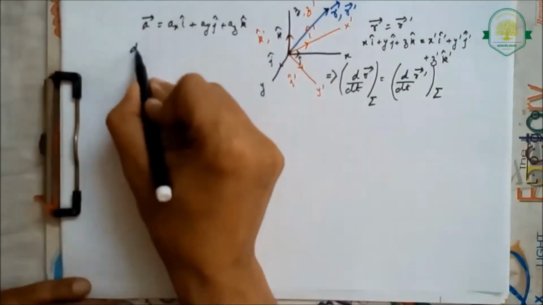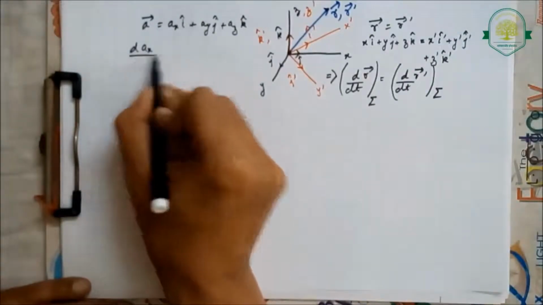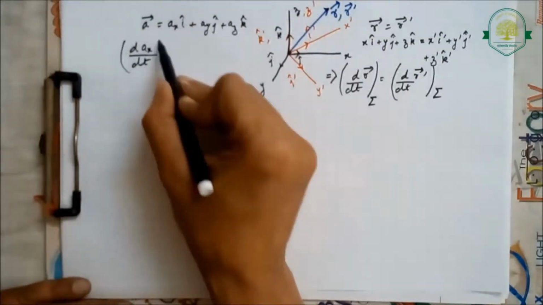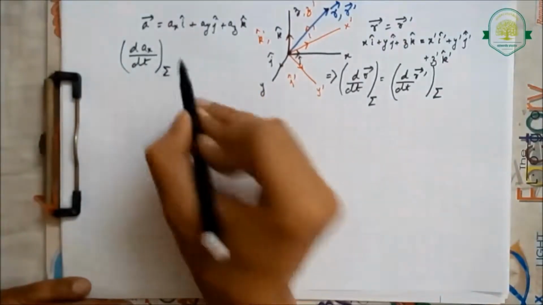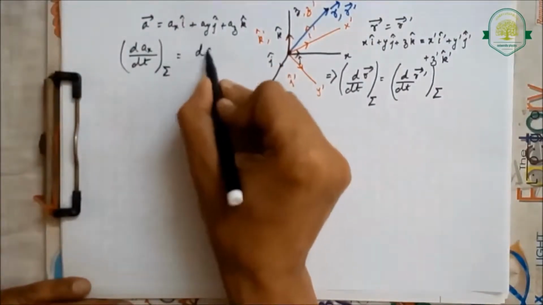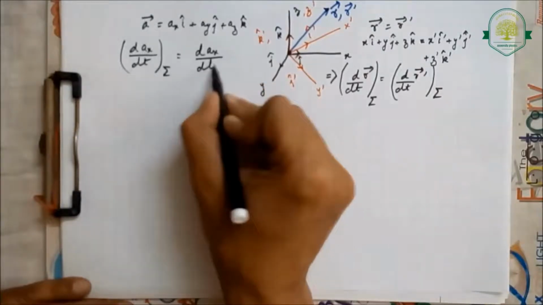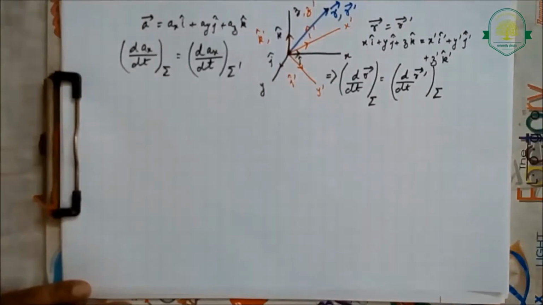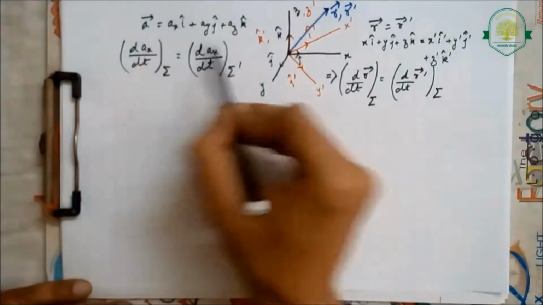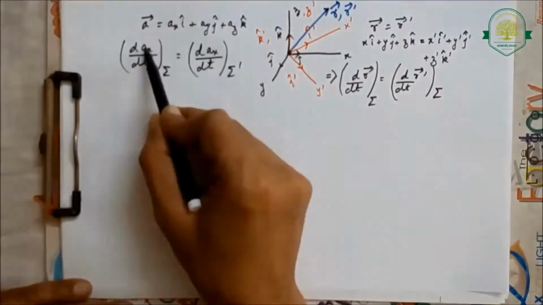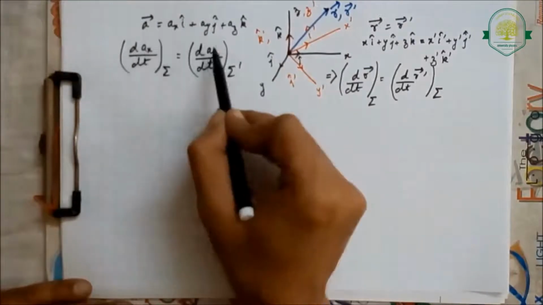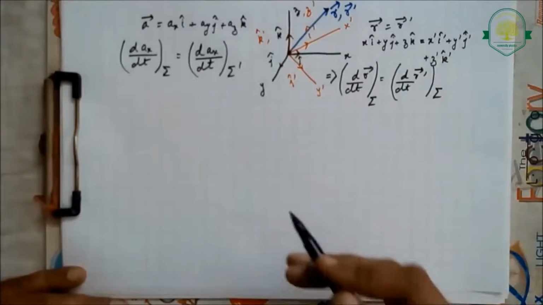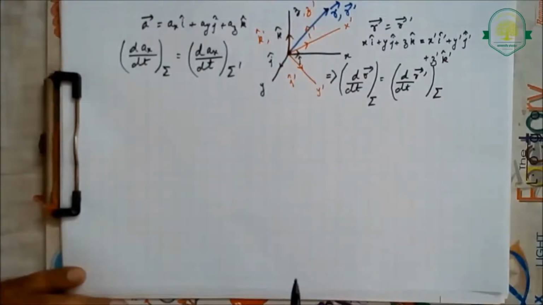If we differentiate ax with respect to time in the unprimed frame, the differentiation will be the same had we done it in the primed frame, because ax itself is a scalar. Although it may be a function of time, it's a scalar function of time, and scalar quantities do not change if we change frames in Newtonian mechanics.